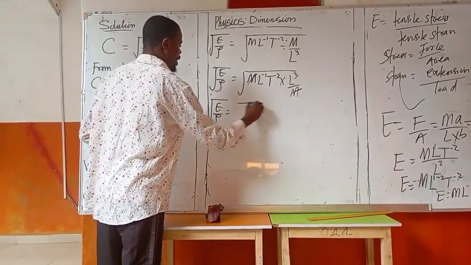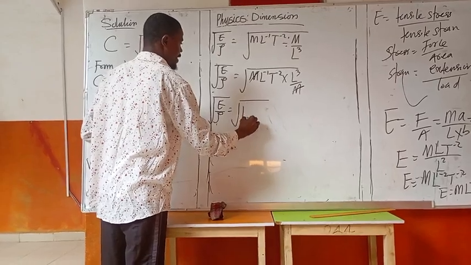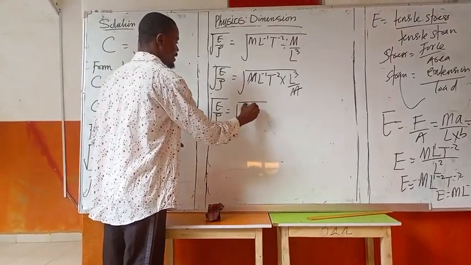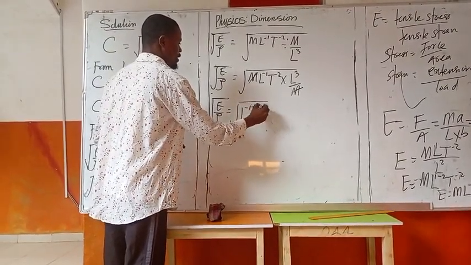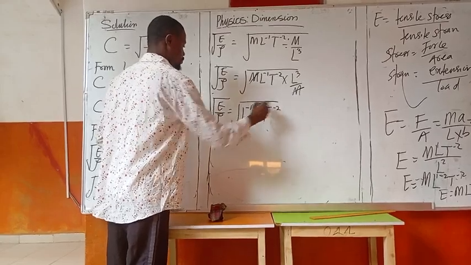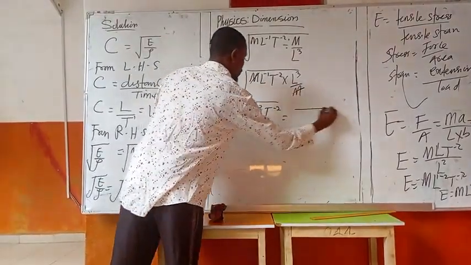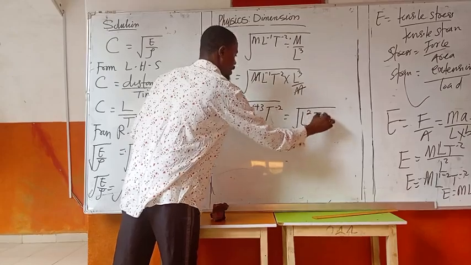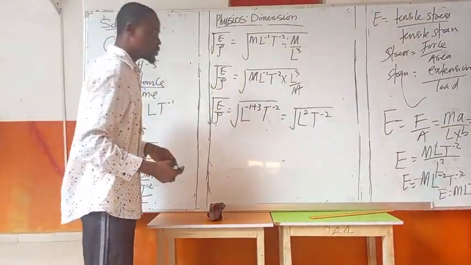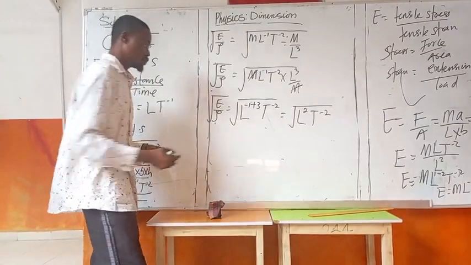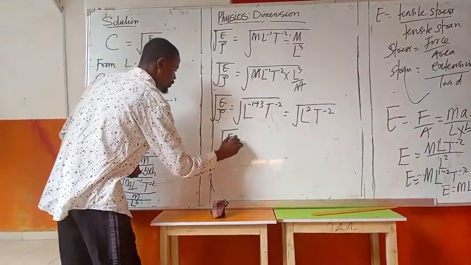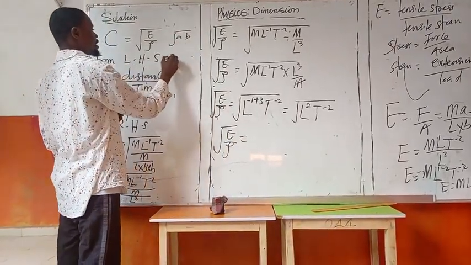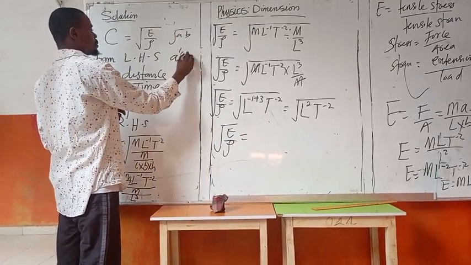We now have the square root of L. L is common, so I'll add the powers because it is multiplication: minus 1 plus 3. Then T raised to the power minus 2. Which is the same thing as the square root of L raised to power minus 1 plus 3, which is 2, T raised to the power minus 2. Remember, if you have the square root of A B, it's the same thing as A raised to the power 1 over 2, then B raised to the power 1 over 2.